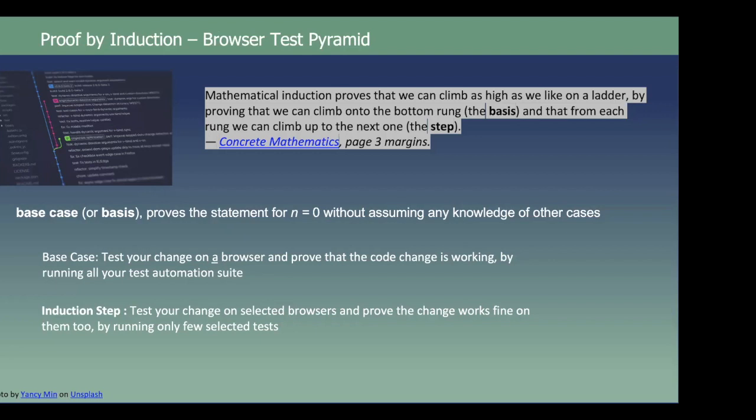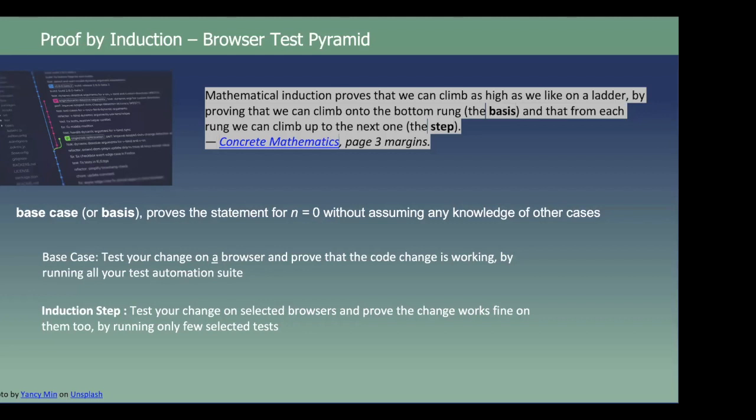So in our case, the way I look at it and guide our teams is, first make sure your change is working. Whatever code change you made, make sure that code is working. Don't worry about whether it's working on every browser. Is your change working on one of the highest grossing browsers for you?